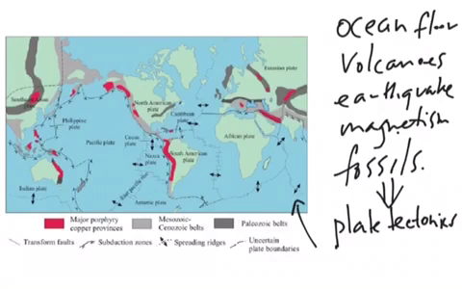What's interesting to note is that the plates, as I said earlier, are still moving and it can be measured. They tend to move somewhere between about 2 centimetres up to about 10 centimetres per year, about the speed that an average fingernail grows.